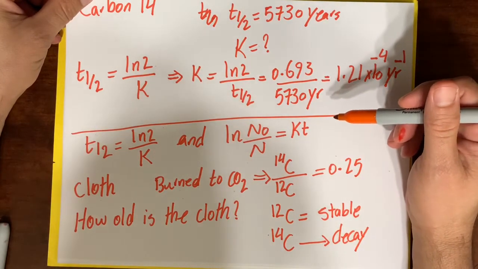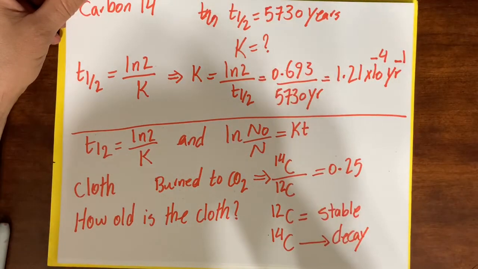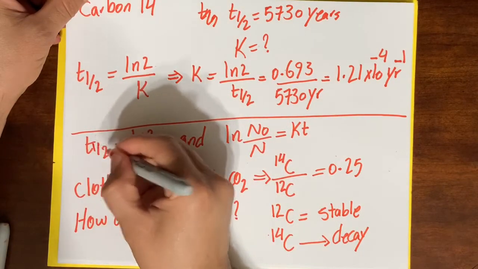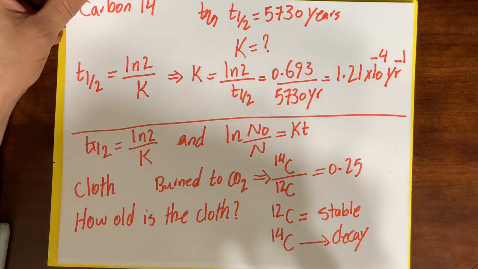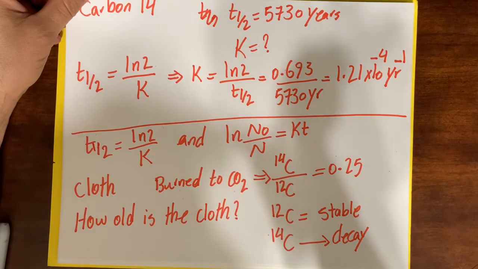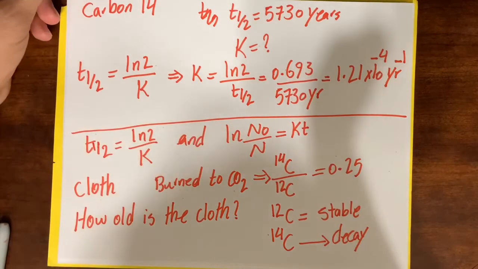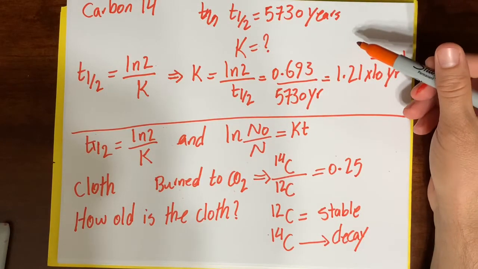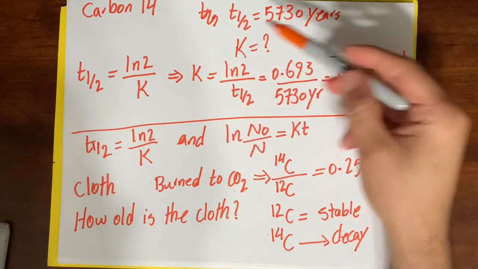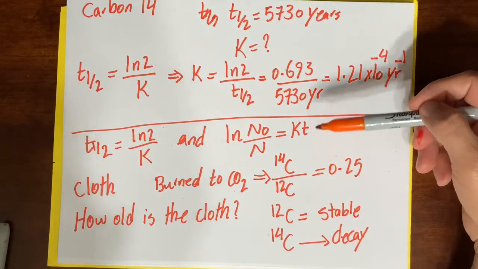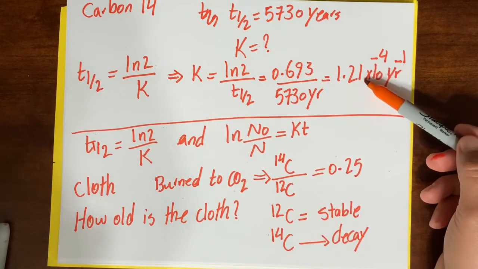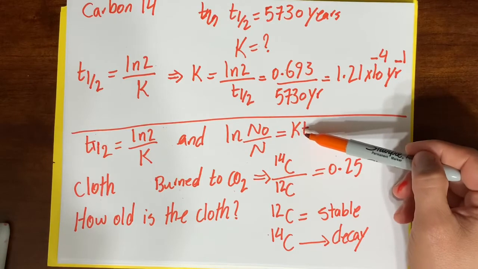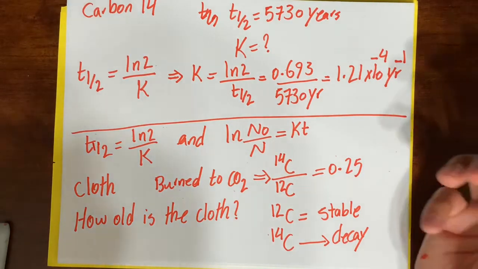Okay, it's a first order. Because it's first order, I can go with t 1 over 2 equal to ln of 2 over k. And okay, from the first question, I have the half-life for carbon 14 given. So I'm going to use this number again and calculate the k. And we got the k here actually. So I can use this k, put it in this formula, and try to calculate the time. Okay.